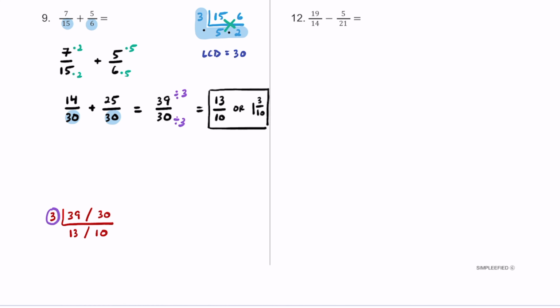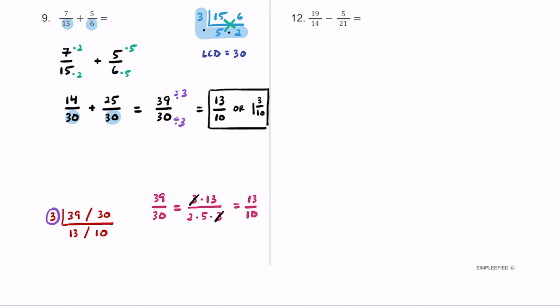If you preferred, however, to use prime factorizations, you could have taken the 39 over 30, right? And if you like prime factorizations, that 39 is 3 times 13, and then that 30 on bottom is 2 times 5 times 3, right? So you can go ahead and see what would cancel out here, and you can see that the 3's would cancel out, and then so on top you just have 13, and then on bottom 2 times 5 is 10.